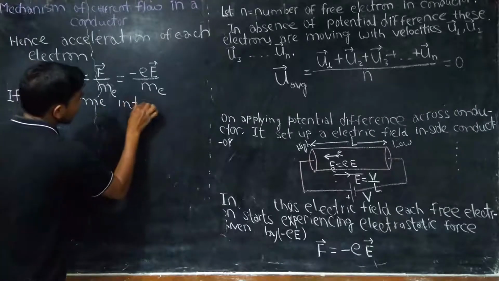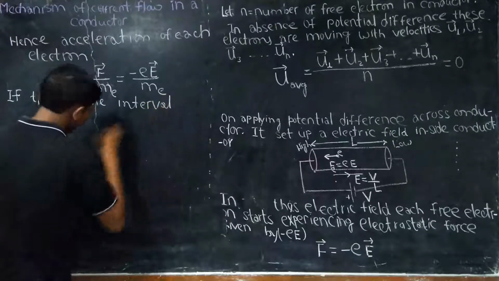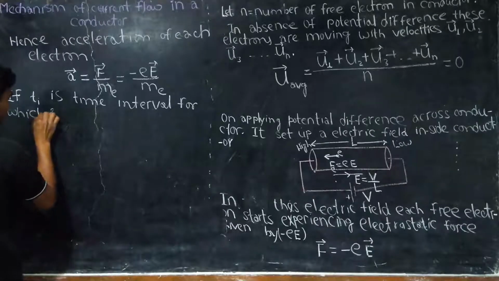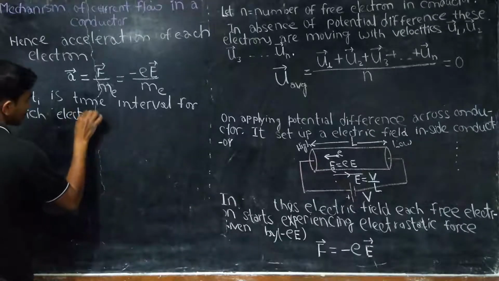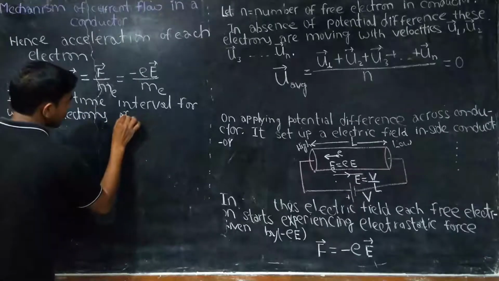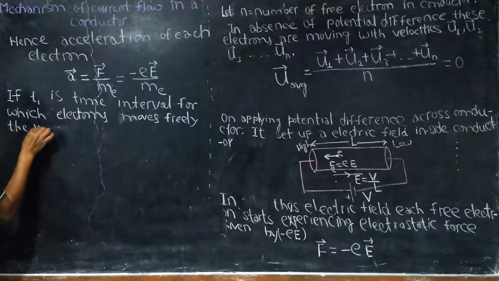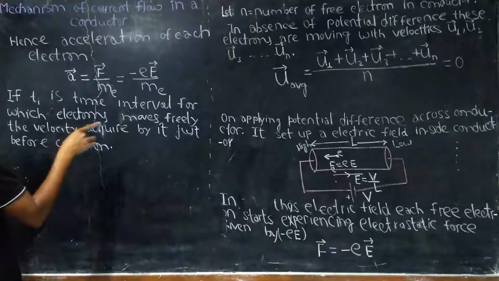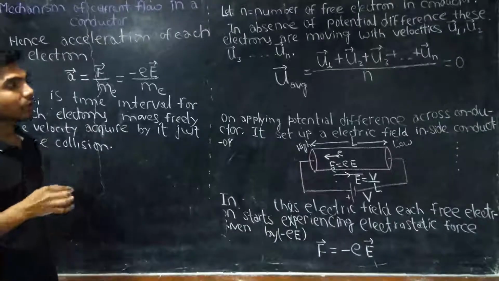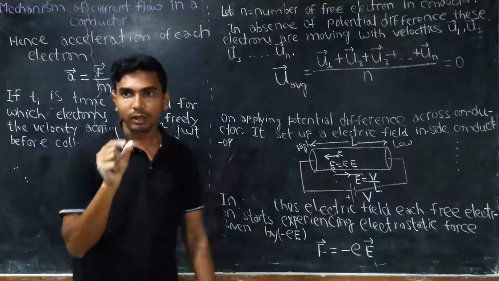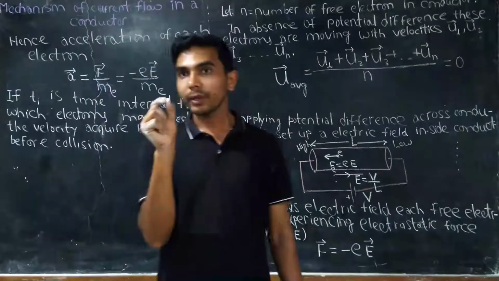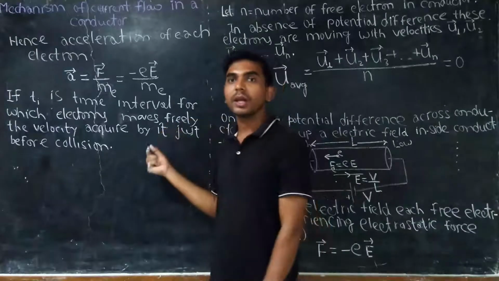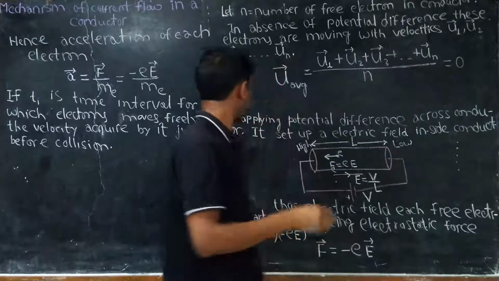If t1 is the time interval for which the electron moves freely, then, as the electron moves inside the conductor, it collides with other electrons as well as the lattice of your element, the ions.